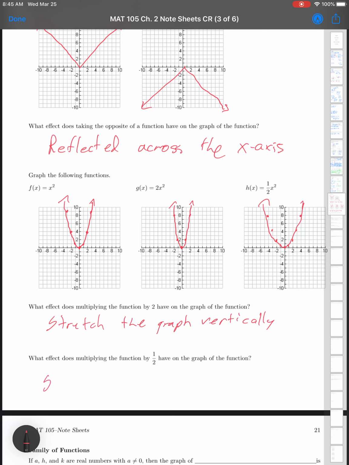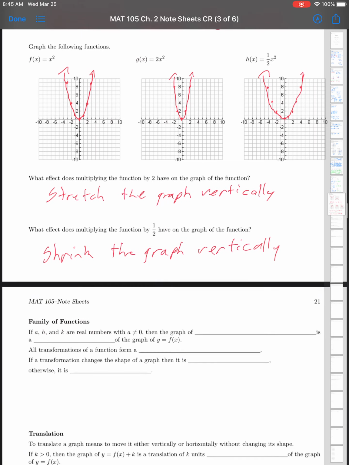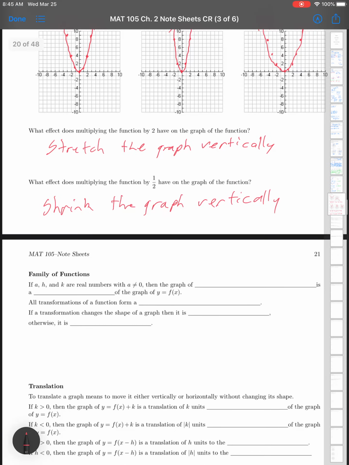And if we multiply by a fraction that's less than 1, we're actually dividing by a number, so that's going to shrink the graph vertically by that factor. Okay, so those are the different transformations we're going to do, and there's quite a few examples of these.